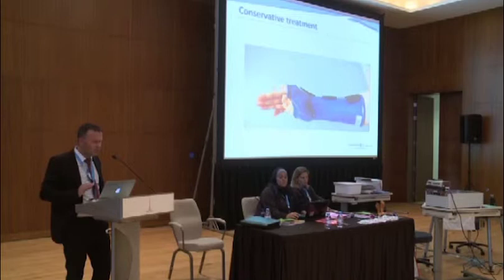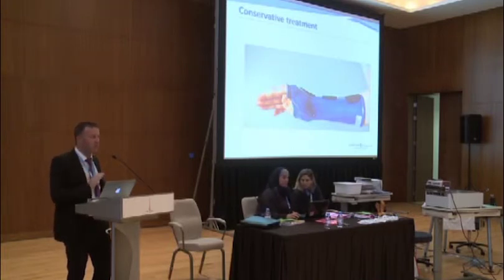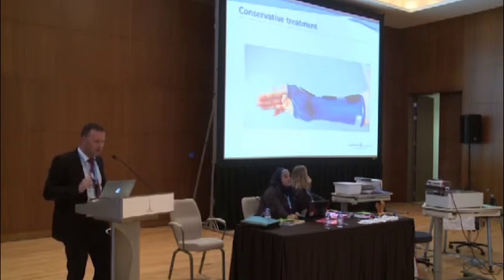The conservative treatment is a wrist splint with small extension and immobilization of the MP joint, and this splint must stay for 2 to 3 months. At 3 months, do a CT scan control. If you don't do a CT scan control, you can maybe miss a delayed union.